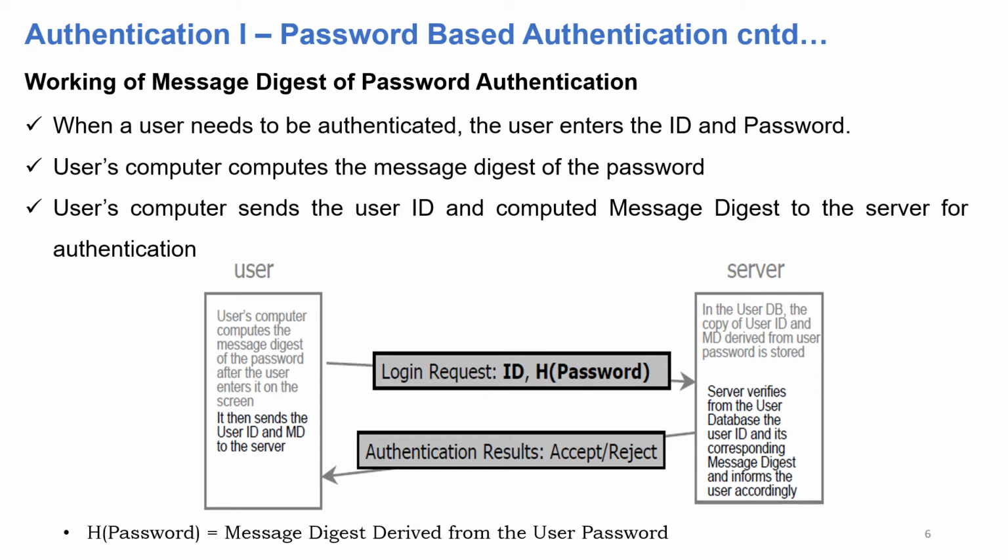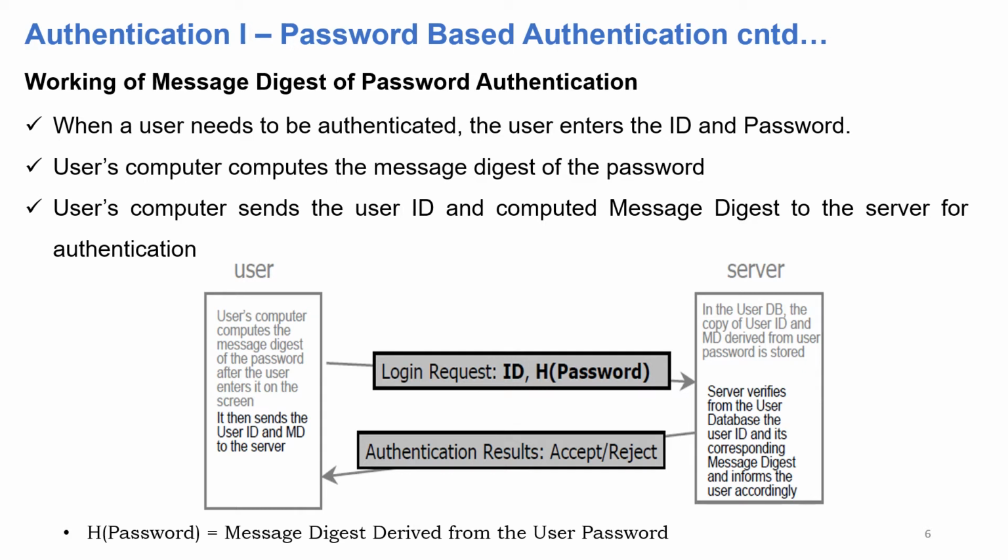Again, if you see the diagram, you have your user and your server. The user is sending the login request, that is the user ID, and the message digest of the password that the user has entered, to the server.